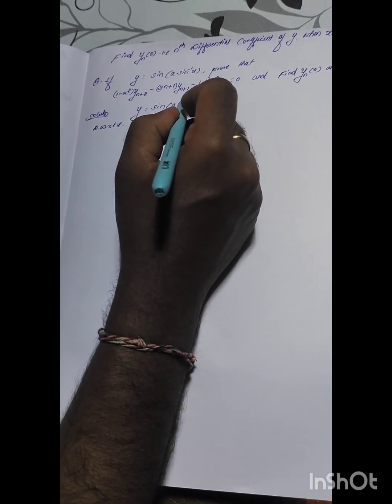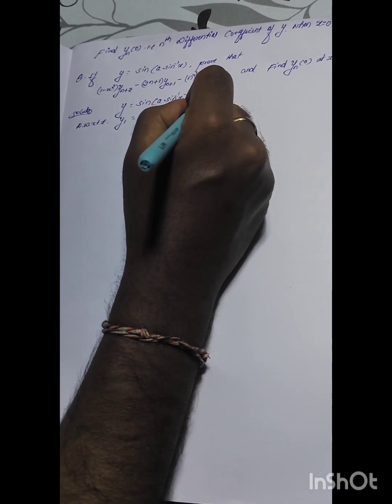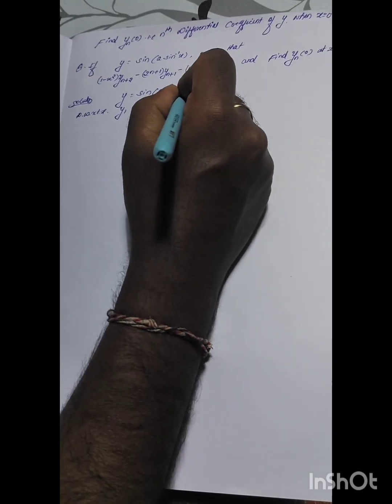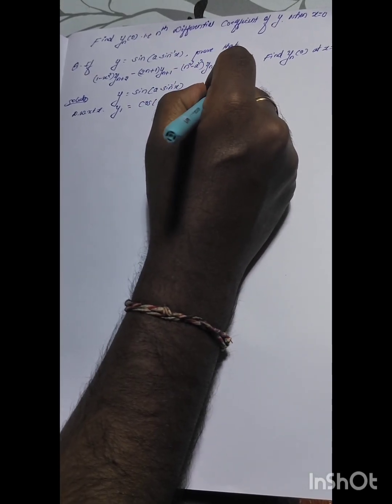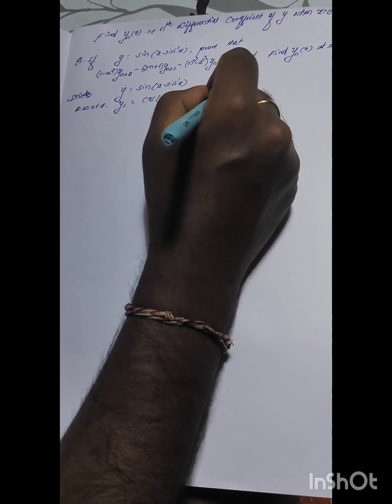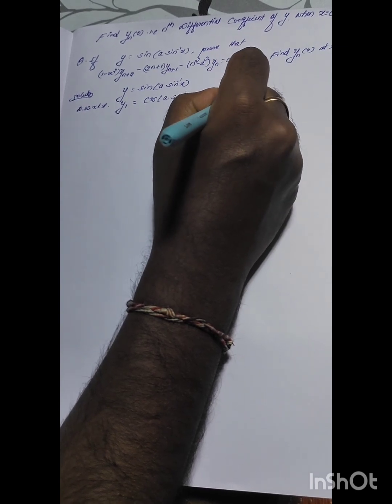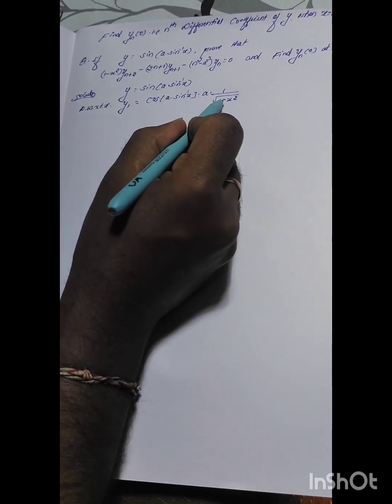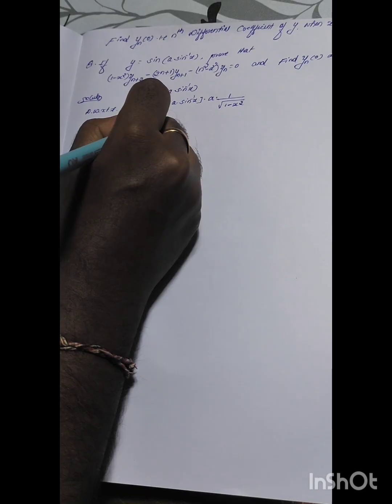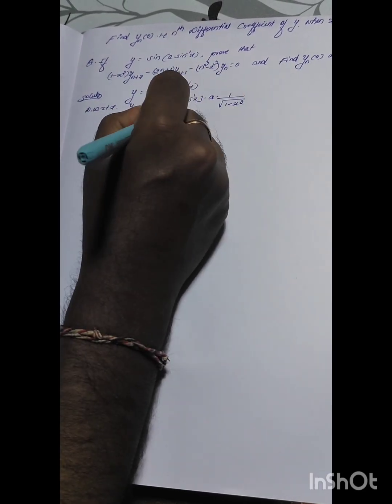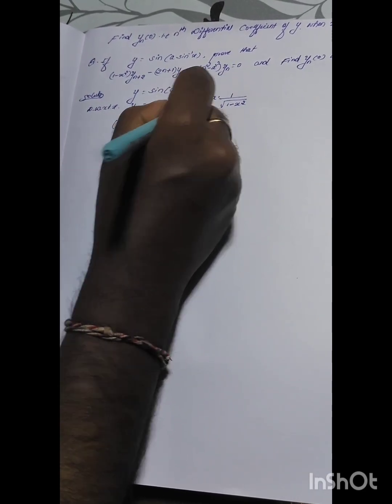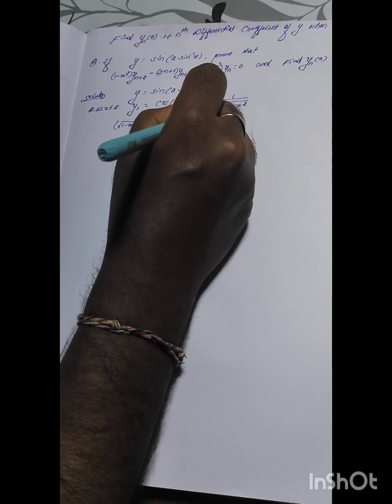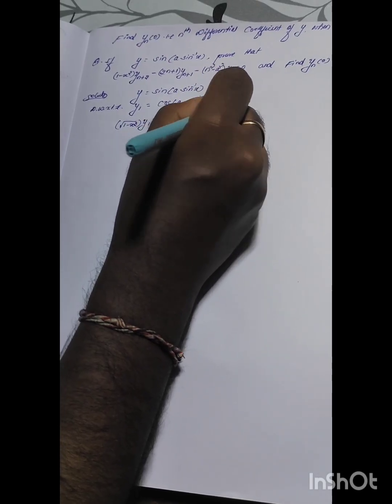Since a is a constant along with sine inverse x, a should be multiplied, and the derivative of sine inverse x is 1 divided by root of 1 minus x square. Multiplying root of 1 minus x square to the other side, root of 1 minus x square into y1 will be equal to a into cos of a sine inverse x.